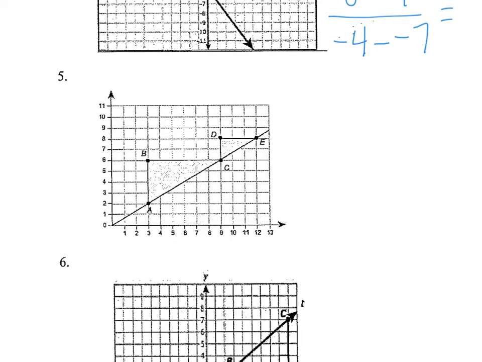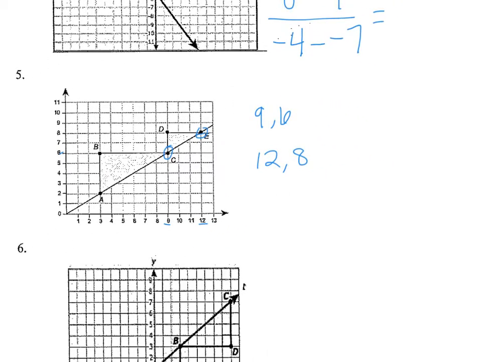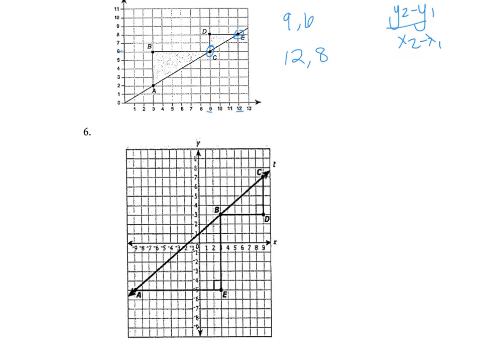Same thing. I would solve using C and E. So C is at 9 and 6. And E is at 12 and 8. Label them however you want and use your formula. Y2 minus Y1, X2 minus X1.